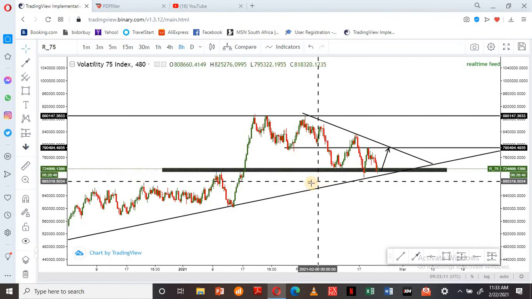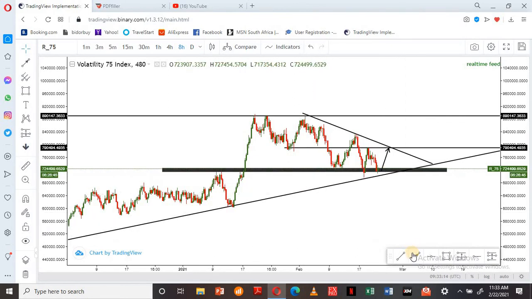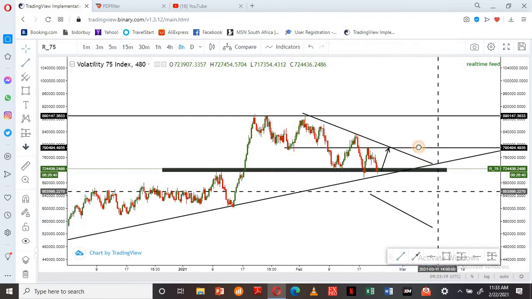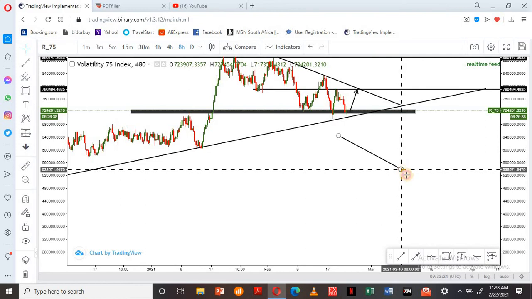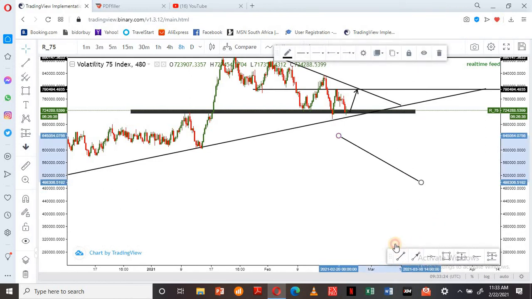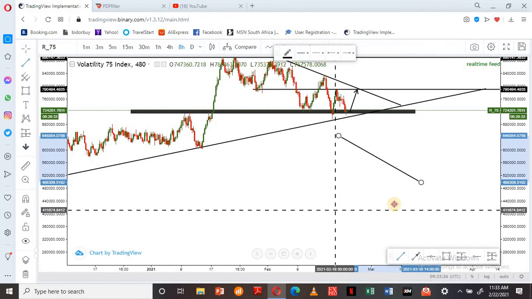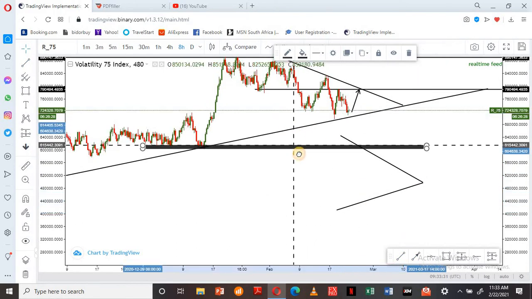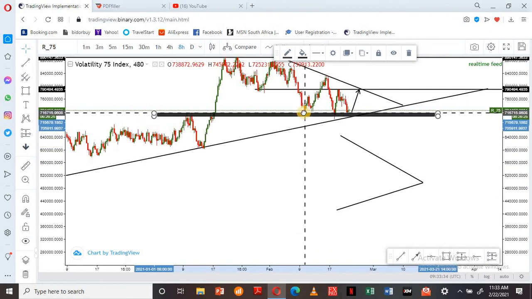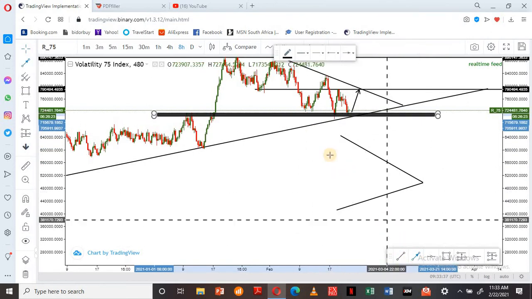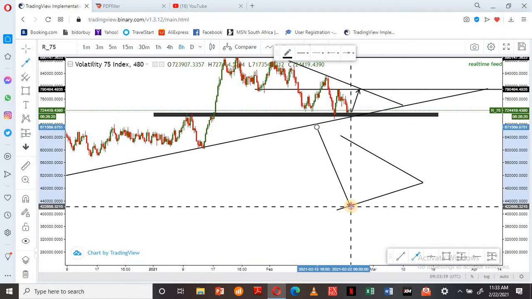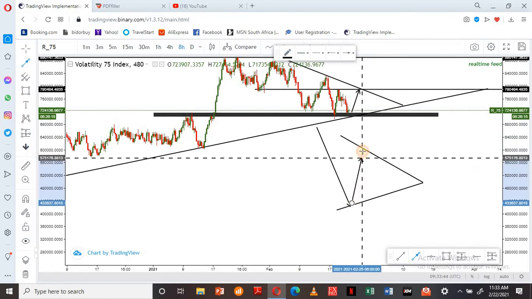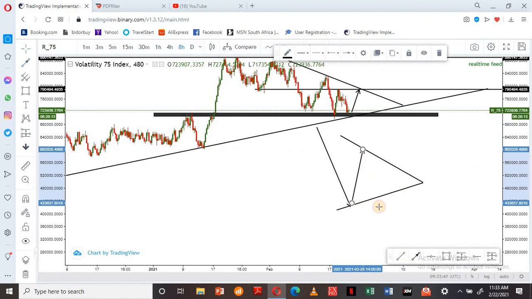So usually what happens in a wedge, these are like the basics of trading, if I'm not mistaken. A wedge is something like this one. Price comes up then into a wedge, forming patterns like this inside a triangle.